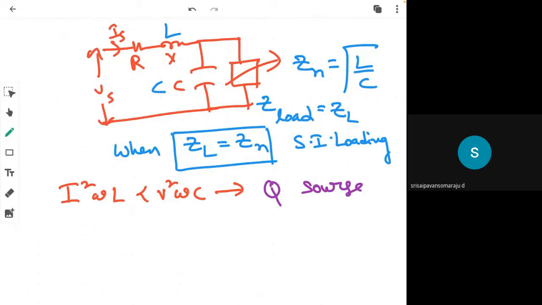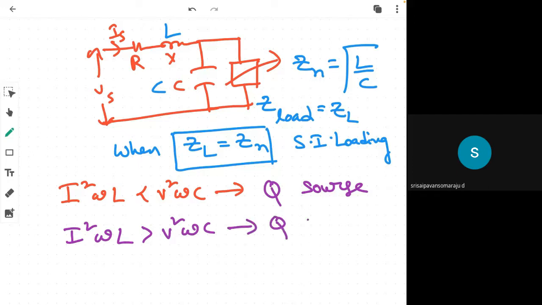And vice versa, when I square omega L is greater than V square omega C, then it is acting as a reactive power sink.